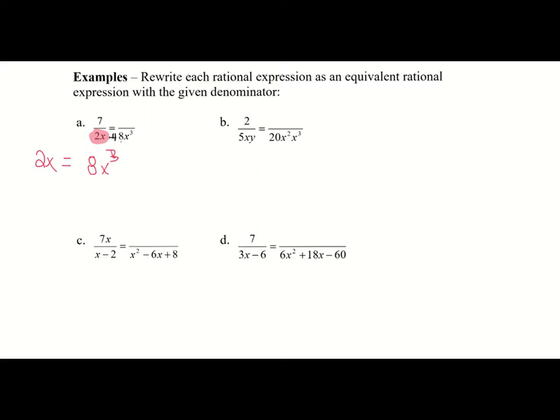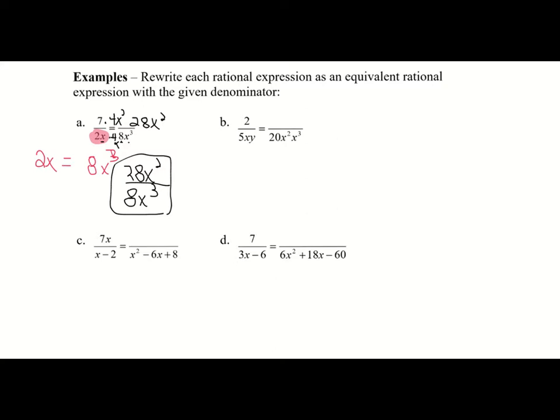And then to go from x to x cubed, I needed another x squared in there. So if I multiply the bottom by 4x squared, I have to do the same thing to the top. So 7 times 4 is 28, and then x squared. So my equivalent fraction here is 28x squared over 8x cubed. Again, whatever you multiply the bottom by, you have to multiply the top by.